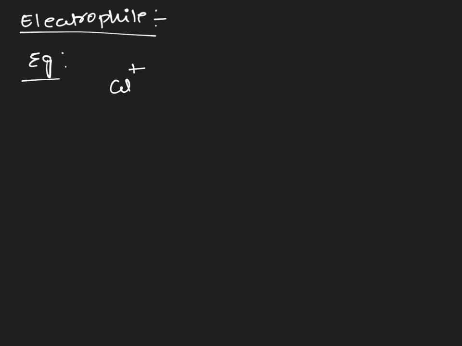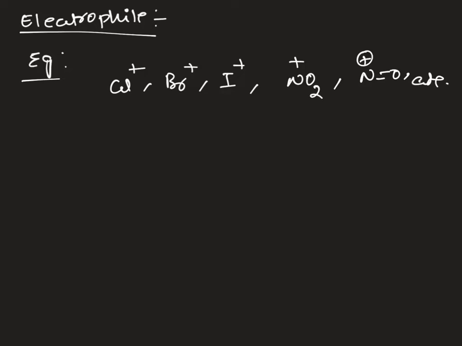Chloronium ion, bromonium ion, Br positive, hydronium ion, all of these come under positive charge electrophiles. Nitronium ion, nitrosonium ion. These are the examples for positive charge electrophiles.